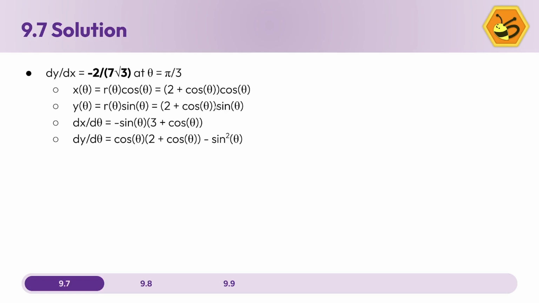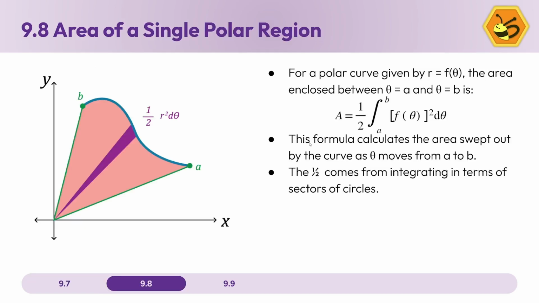You can just take the derivative here and use the product rule, or alternatively, you could multiply this out, and then you would just have a product rule for the cosine theta times sine theta. So hopefully that answers your question. Okay, cool.